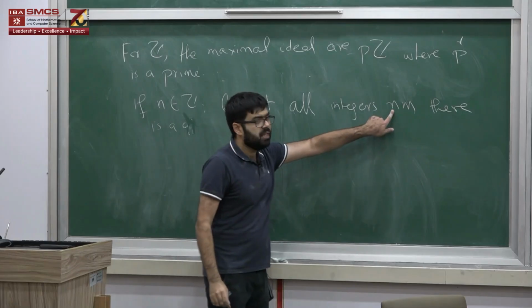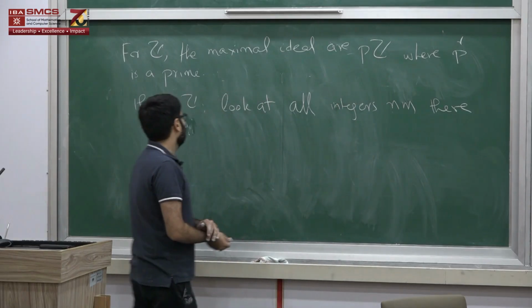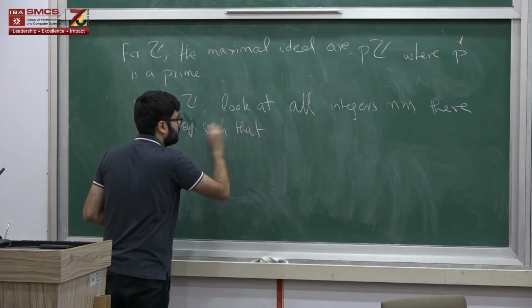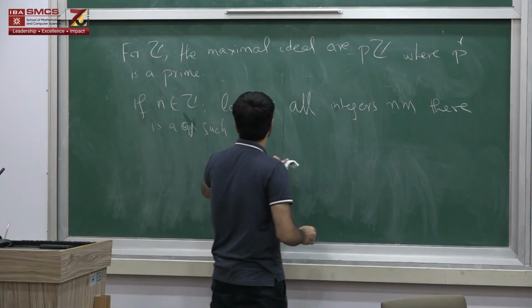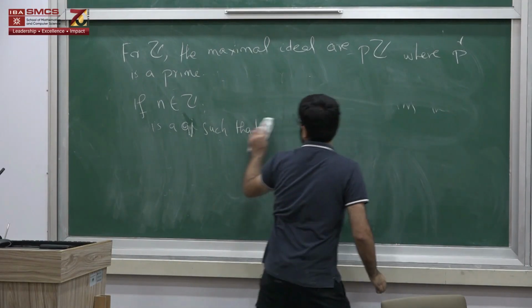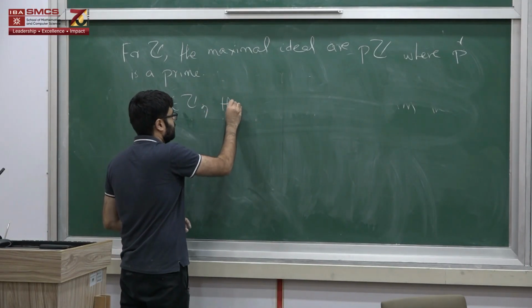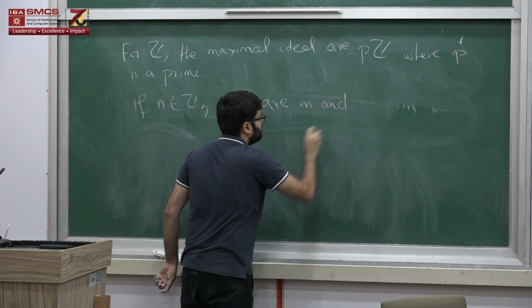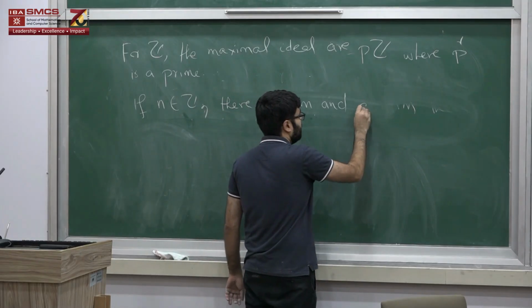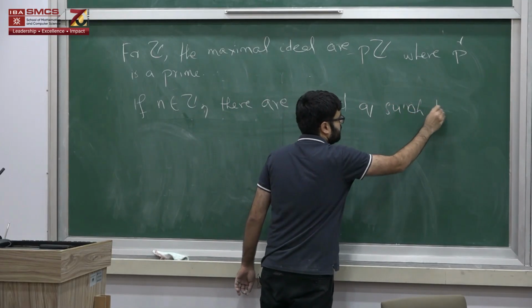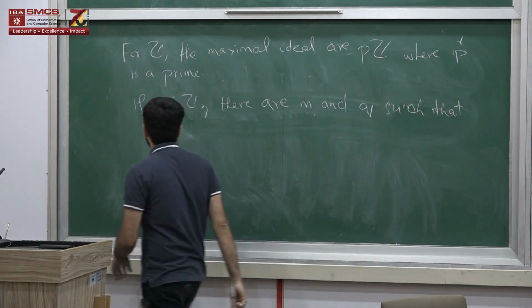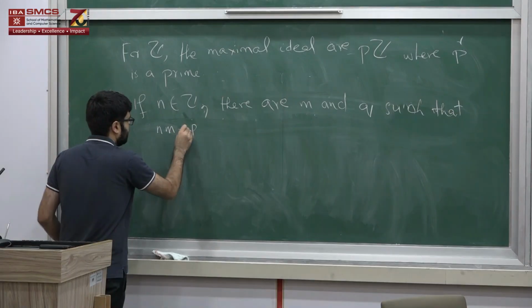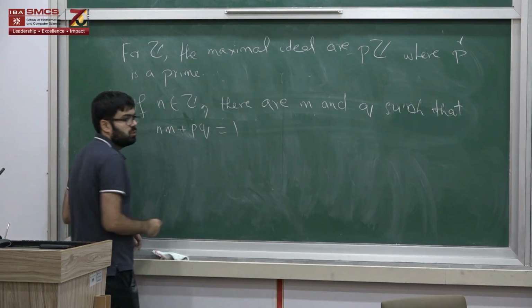Because n and p I can take them to be co-prime, so if n belongs to Z, there are m and q such that n times m plus p times q is equal to 1.